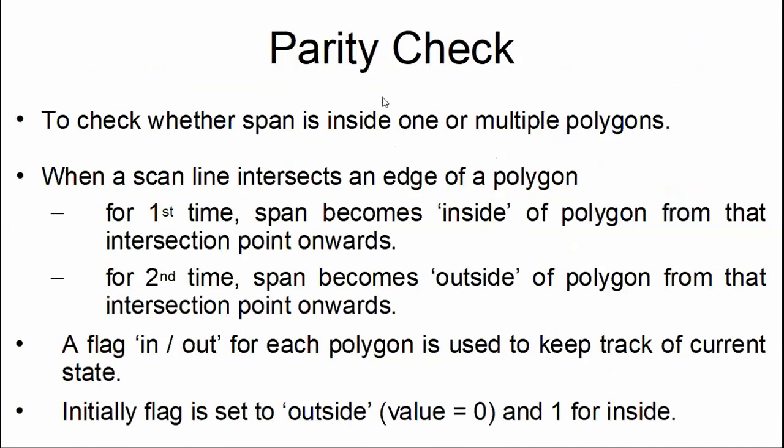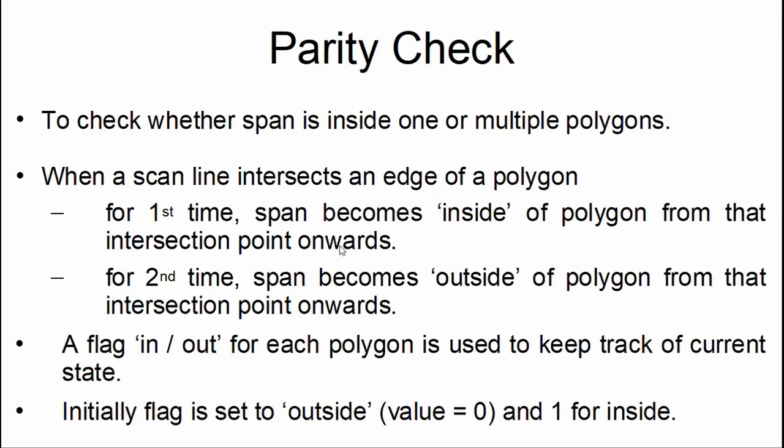Now, the next term we are going to use is the parity check, to check whether the span is inside one or multiple polygons. When a scan line intersects an edge of a polygon for the first time, the span becomes inside of the polygon from that intersection point onwards.